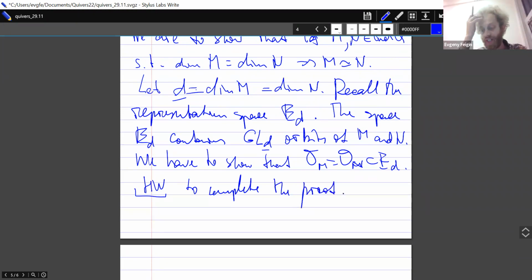Okay, so once again, the idea is that if you take two indecomposable representations of the same dimension, they define orbits in the corresponding representation space. In principle, there are many orbits there, but the claim is that if two representations are indecomposable, then they have to coincide.